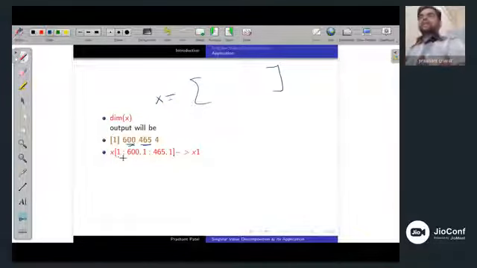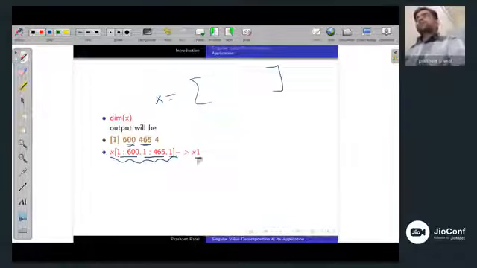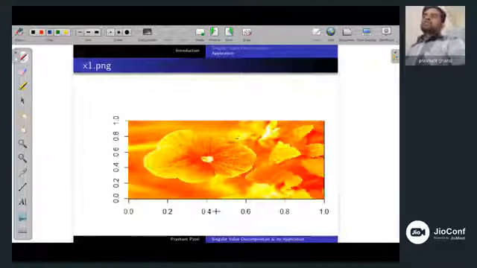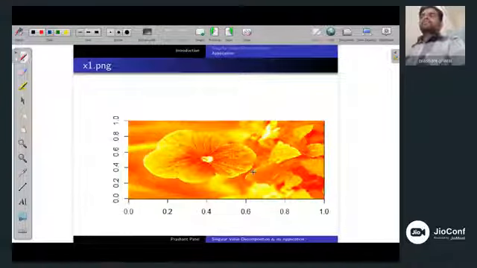Out of that, I'm taking all 600 rows, all 465 columns, and one layer, and storing this new matrix into X1. So this is the image of that X1, it looks like this.